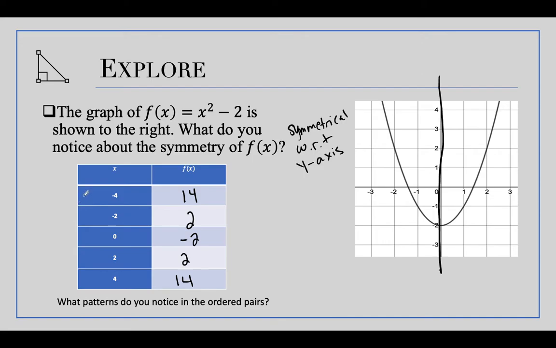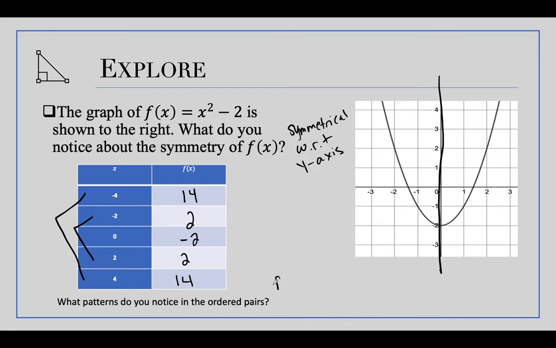If you said, well, opposite x values produce similar y values, I would very much agree with you. We see that the y value for negative 2 and positive 2 are both 2. The y value for negative 4 and positive 4 both happen to be 14.